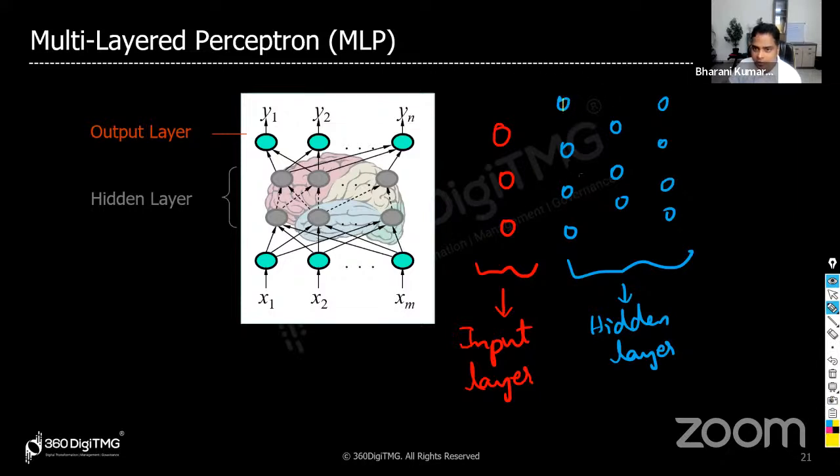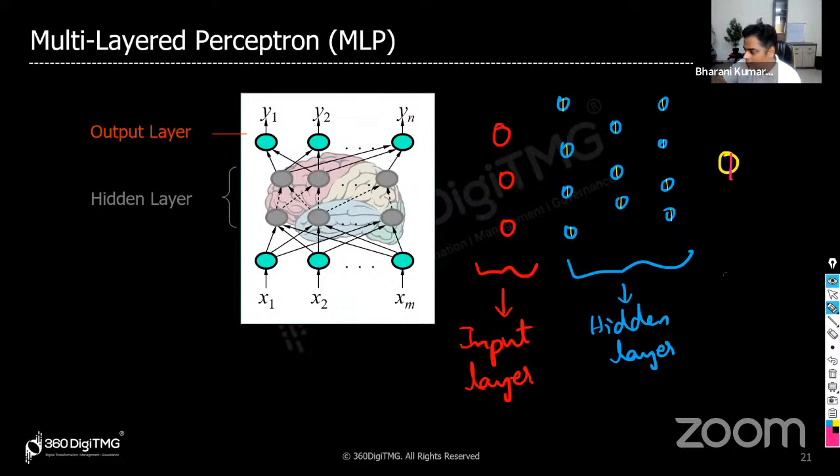Each hidden layer will have an integration component and an activation component. Then you have an output layer. The output layer would contain two components, once again, the integration component and activation component.